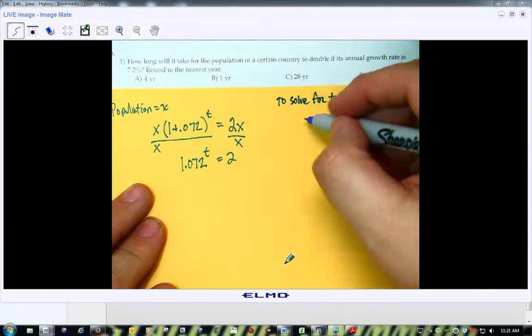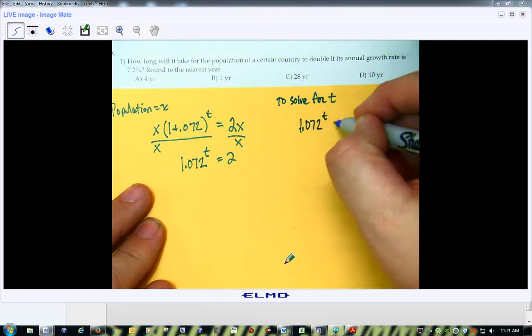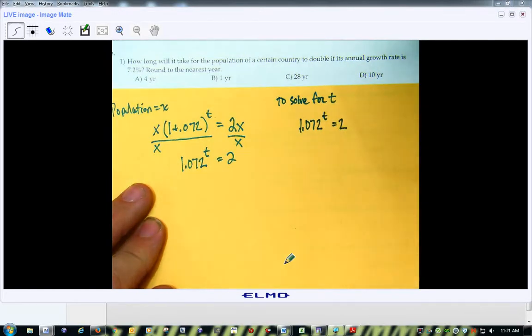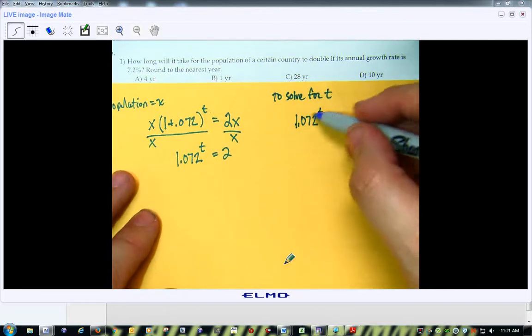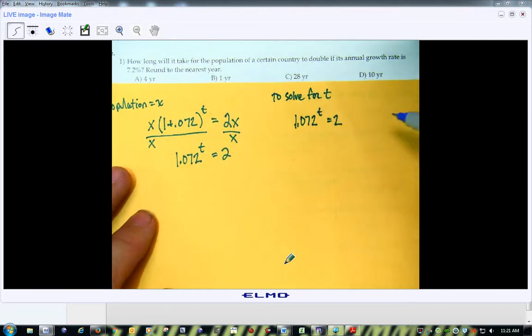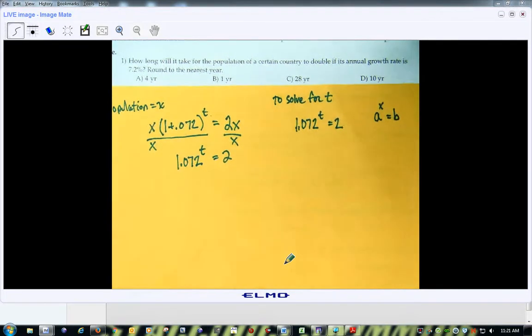What you have to do, first off, is have the equation where you just have something to the power of t is equal to another number. You can't have other variables in there or else it's not going to work. So you have to simplify it down to where we want a to the x is equal to b. That's what we want it to be.